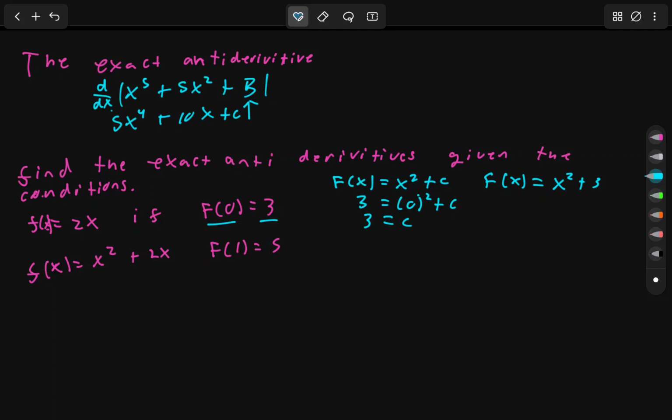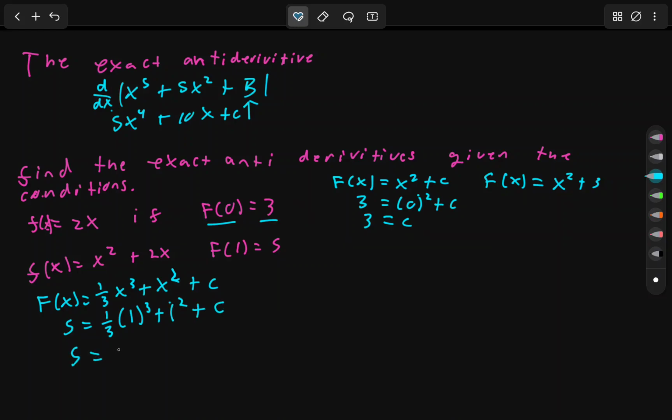For this next function here, the antiderivative is going to be 1/3 x cubed plus x squared plus a constant c. Now we have to plug in the value of x of 1 and set that equal to 5. So we get 5 is equal to 1/3 times 1 cubed plus 1 squared plus c.